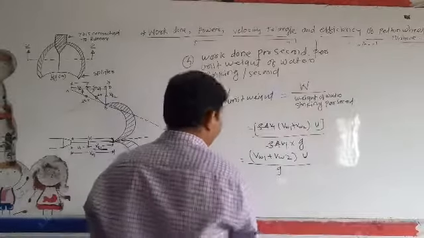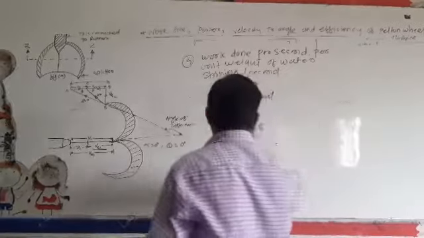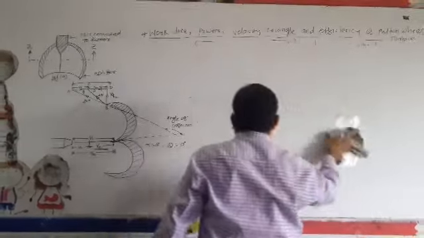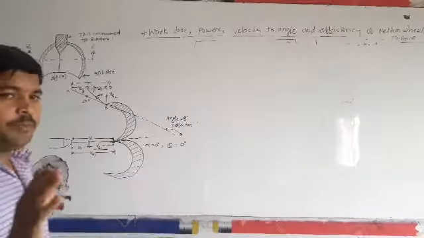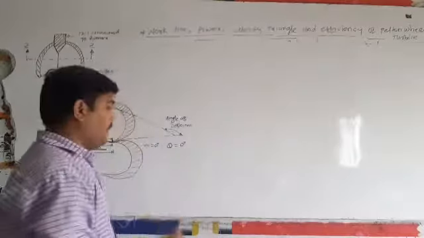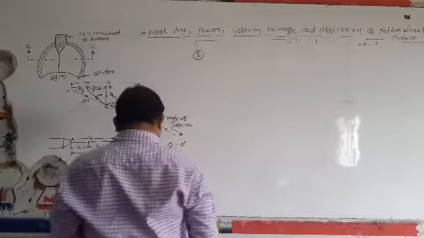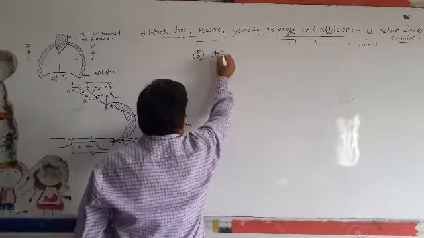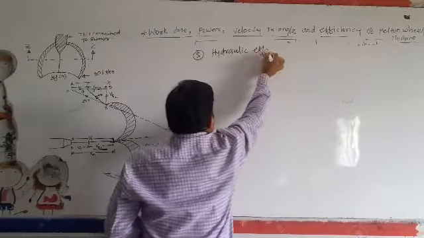Okay, then next is the efficiency of the turbine, and we have to know what efficiency is. Efficiency is the output divided by input. Then point fifth is the hydraulic efficiency of the Pelton wheel turbine.